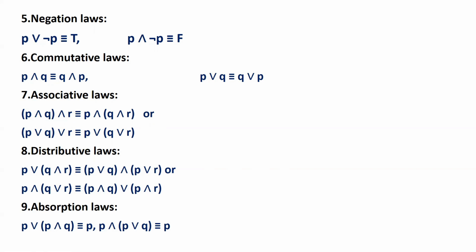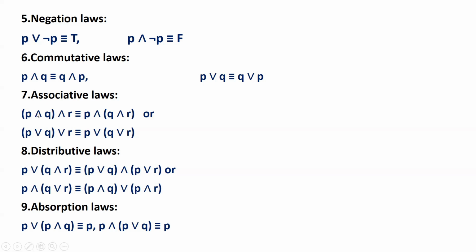Those two things we have to keep in mind while applying the associative law. First, the signs inside the bracket and outside the bracket are the same, and all three atomic propositions are different. Now see, P and Q and R.